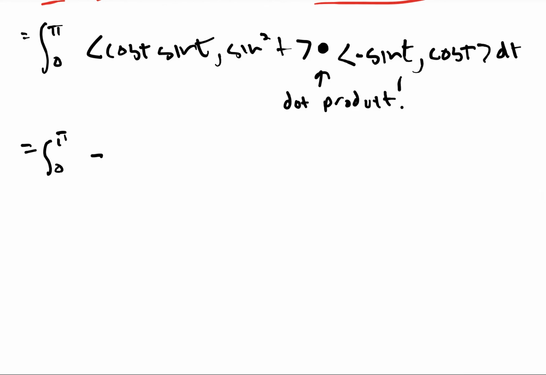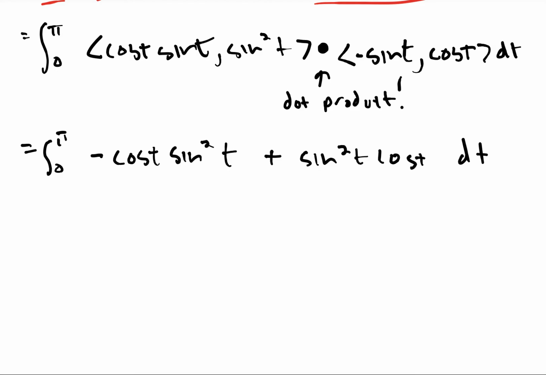This means that first pair of x components, I will get minus cosine t sine squared t. If I multiply out my y's, I'm getting a sine squared t cosine t. Y'all may notice these cancel out. So ultimately, the integral that I'm taking is just of 0.